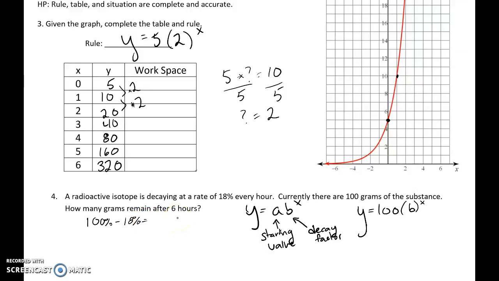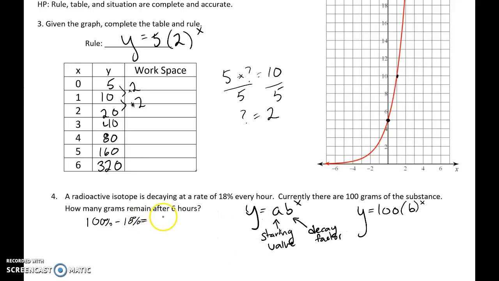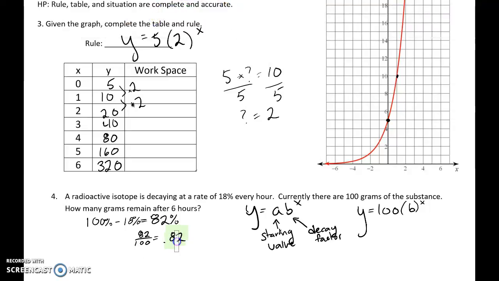So 18% is leaving the substance each hour, and that would leave us with 82% of the original substance. Now 82% can be converted into a number when we divide it by 100. And so this is our multiplier. This is what we're multiplying by each time.